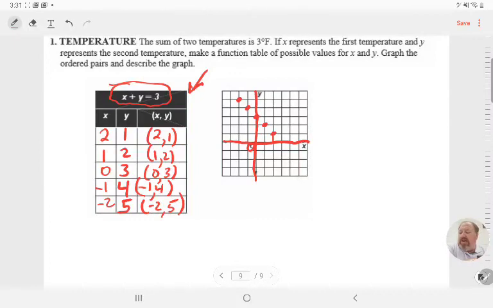Now it says to describe it. I could put the points are going down in a diagonal.